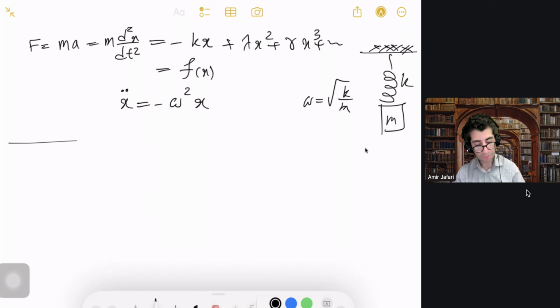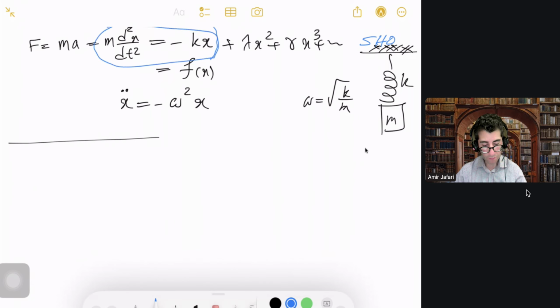So he said, look, this mass here, in the simple harmonic oscillator, okay? So it means that we are keeping just this term, Newton plus Hooke. This mass here has some kind of kinetic energy. What is it?